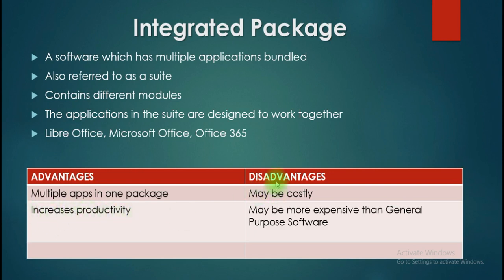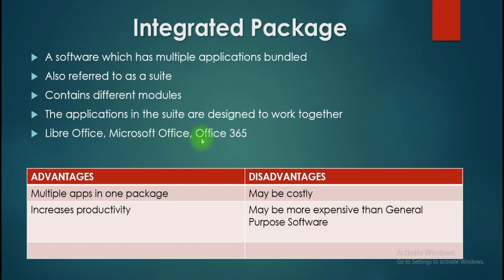And in terms of the cons, disadvantages, it can be costly. So when we look, for instance, at Microsoft Office, I think the last one would have been the 2021 version. They can be quite expensive. Since then, what Microsoft has done is to actually make the application available online.